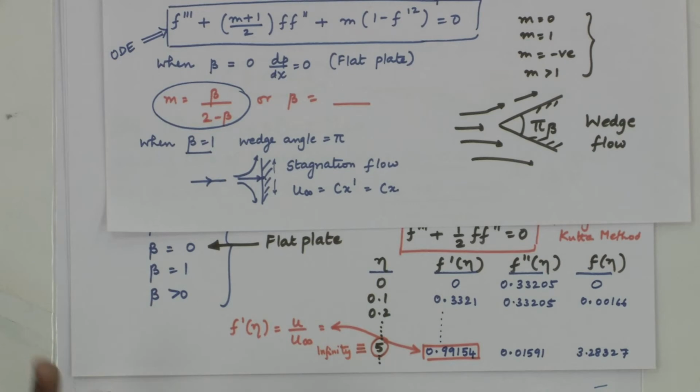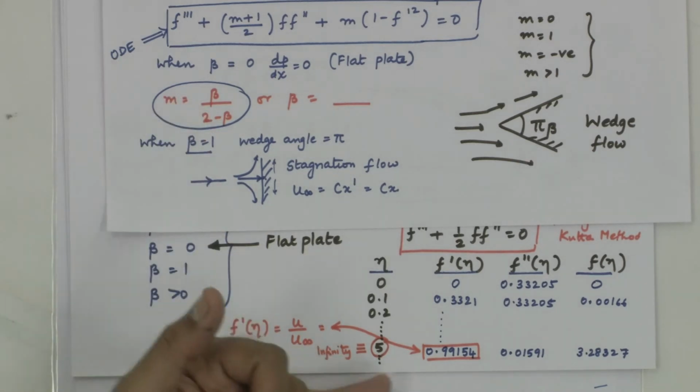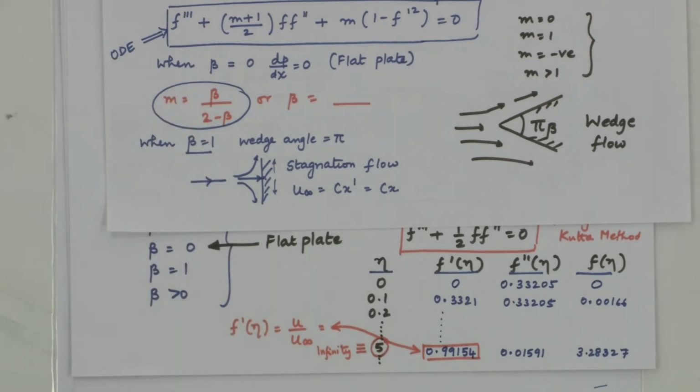It is not infinity, it is equivalent, it plays the same role as infinity. That means, if I go beyond, to 5.1, I might get 0.9935 whatever, 5.2 I might get 0.9942 something.